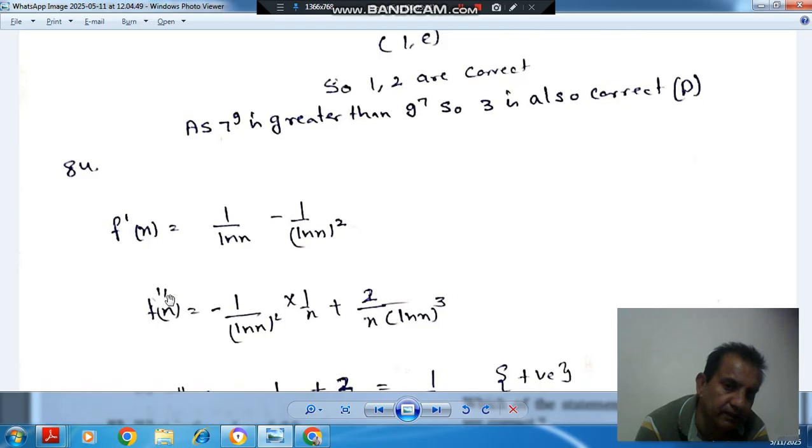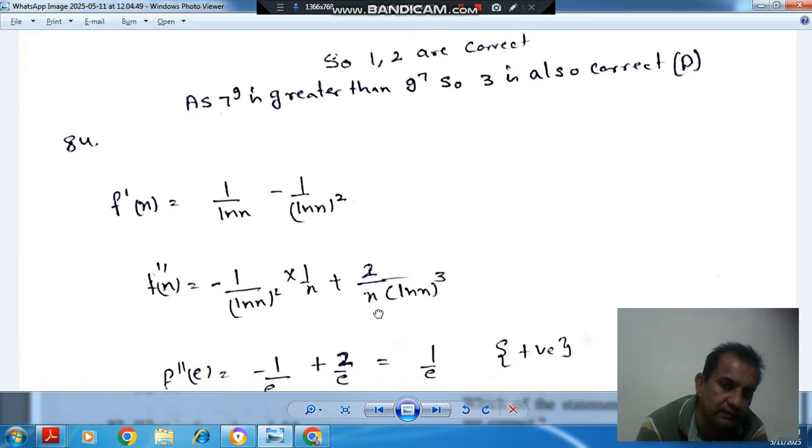Now differentiating it again, it will be minus 1 by ln x whole square times 1 by x, using chain rule, and here also it will be 2 by x ln x cube. First differentiating this, then differentiating ln x.